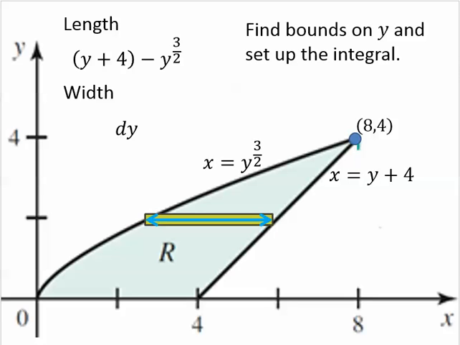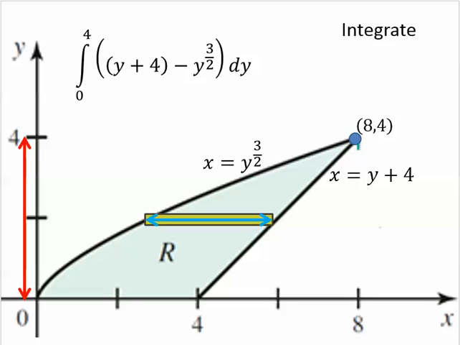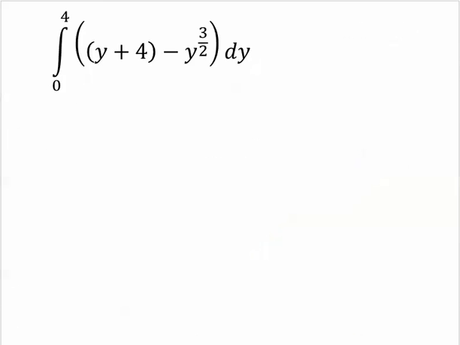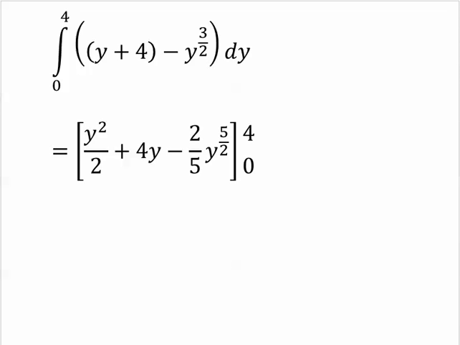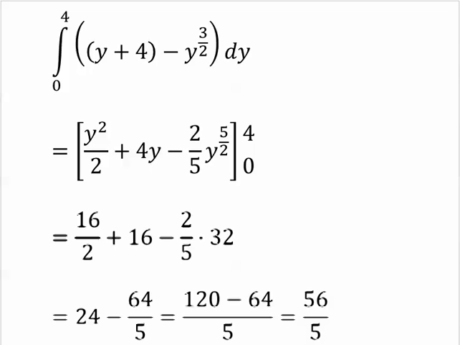Now, what are your bounds? You're integrating from y equals 0 to y equals 4. After you do that footwork, you just need to find the antiderivative and evaluate. So find the antiderivative and evaluate, and when the dust settles, you get 56 over 5.